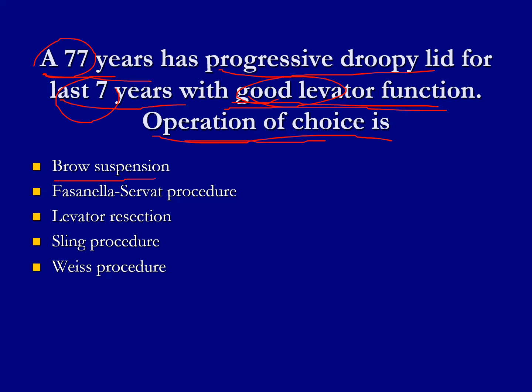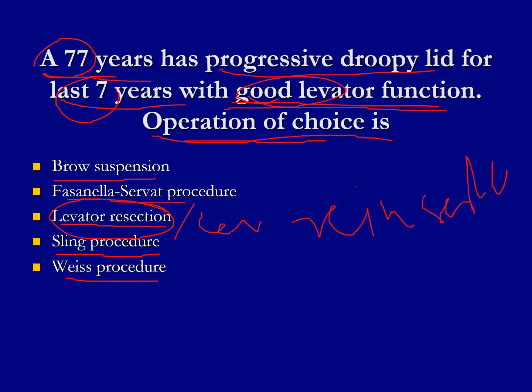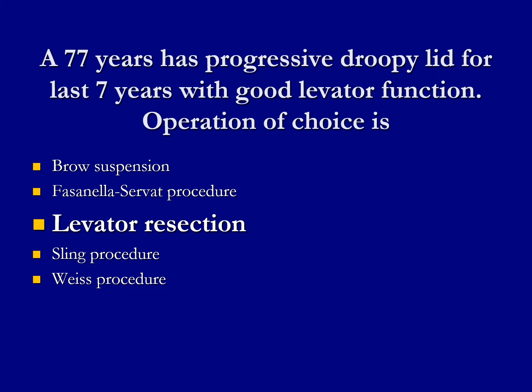Brow suspension is for poor levator function, Fasanella-Servat is for mild ptosis, levator resection may be the answer, sling procedure is with poor levator function, and Weiss procedure is not a surgery for ptosis. So the answer would be levator resection. Remember, with good levator function, the operation of choice is levator resection or levator reinsertion. So the answer is levator resection. Next MCQ.